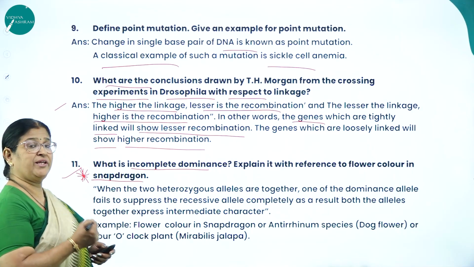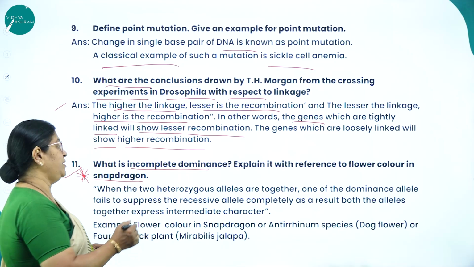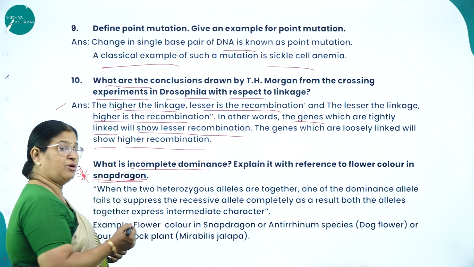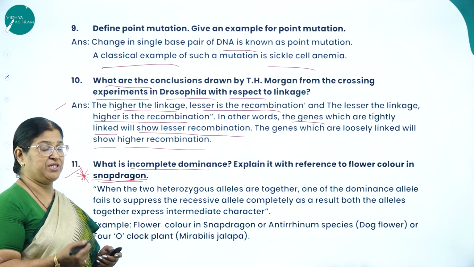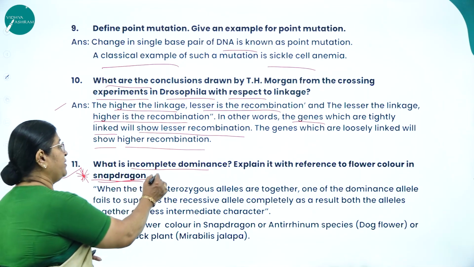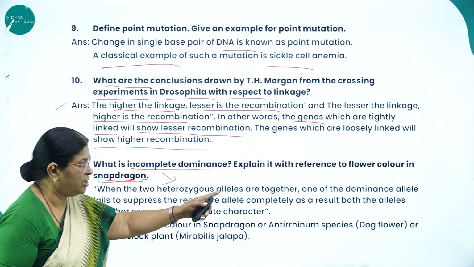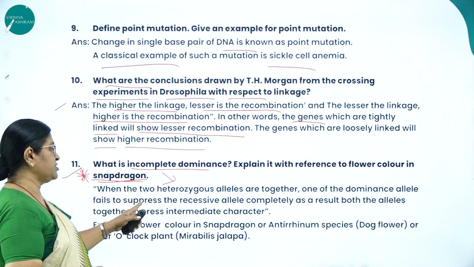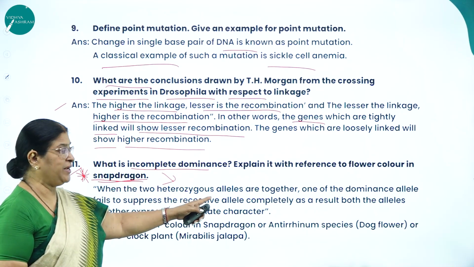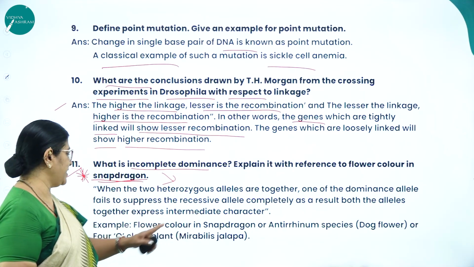So how do you explain this concept of incomplete dominance? With a very suitable example, that is Snapdragon, or you can also call it Antirrhinum species or 4 o'clock plant. So what does incomplete dominance state? When the two heterozygous alleles are together, the dominant allele fails to suppress the recessive allele completely. As a result, both the alleles together express an intermediate character.